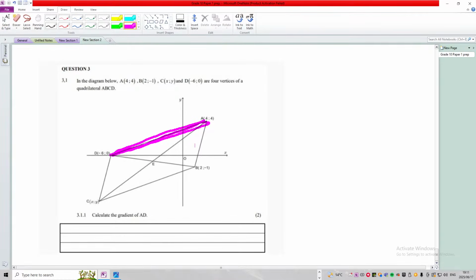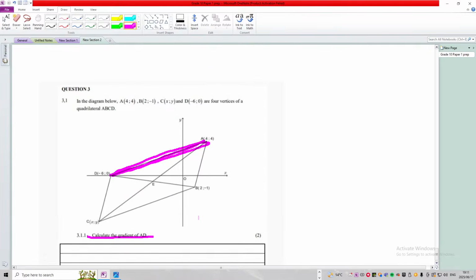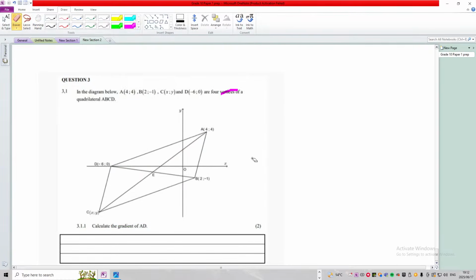It's just different drawings, but they will always ask a gradient question. They will always ask you to prove something is a parallelogram. They will always ask you to find the side of a vertex. You understand? Analytical is decent, but Euclidean, yeah. Okay.